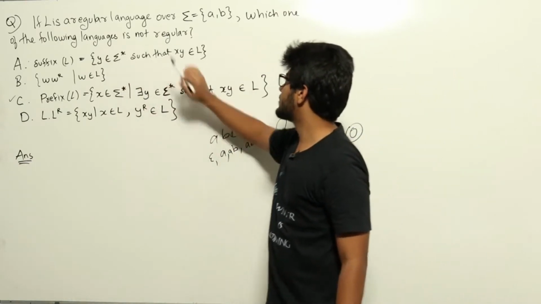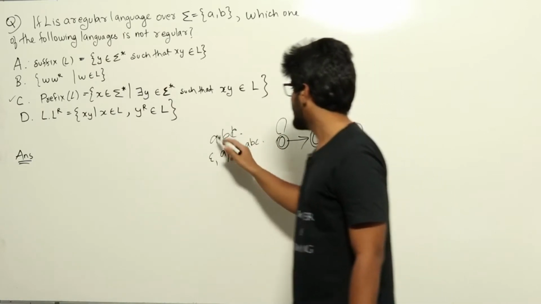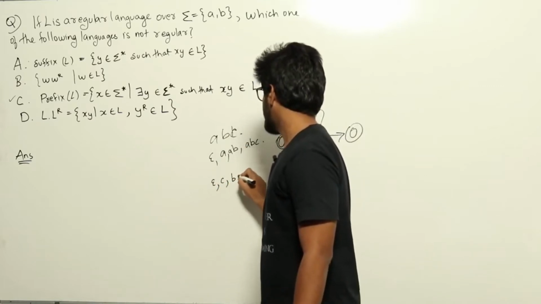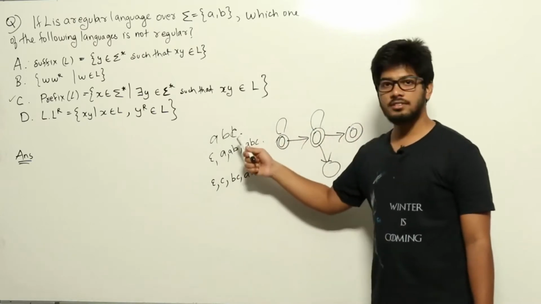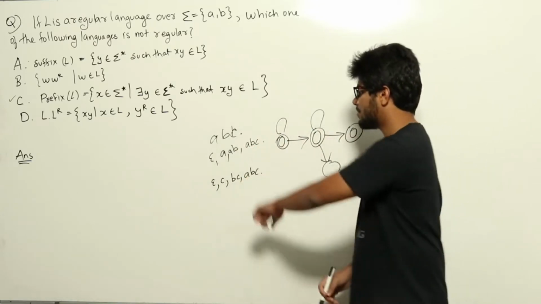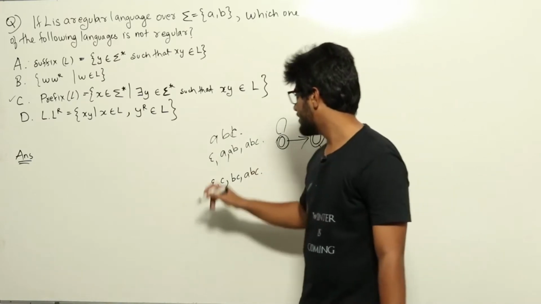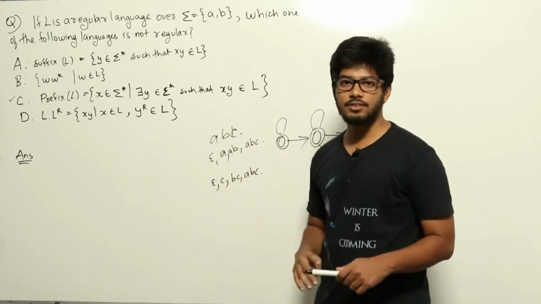that is y belonging to sigma star such that xy belongs to L. Now suffix of L will be, if we have a string ABC, then the suffix will be epsilon, C, BC and ABC. Now this is exactly the same way as the prefix language. How we will construct the DFA for this: for a language L, we know that the reverse of the language will also be regular.